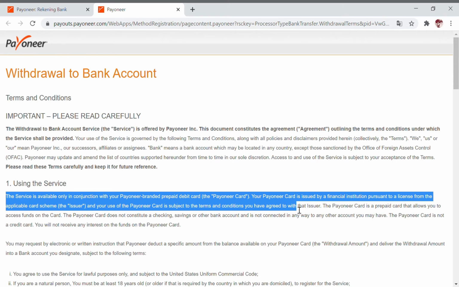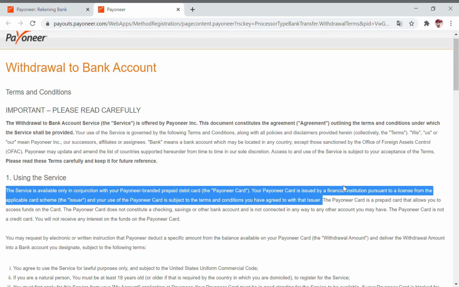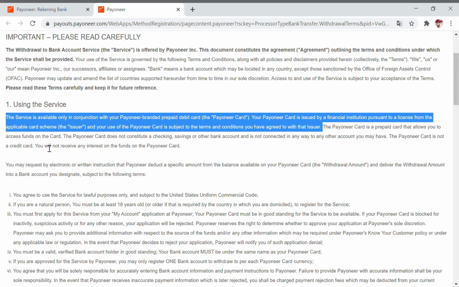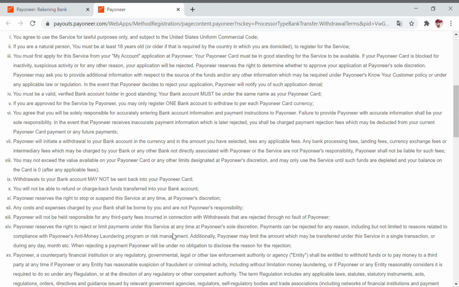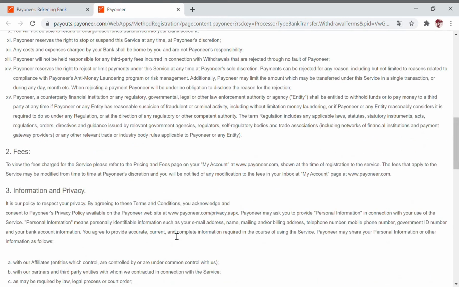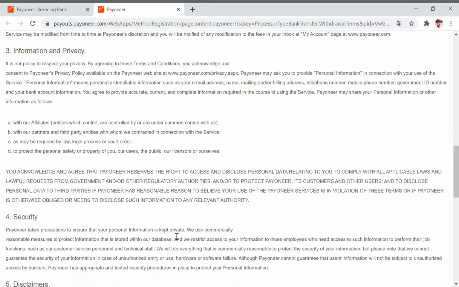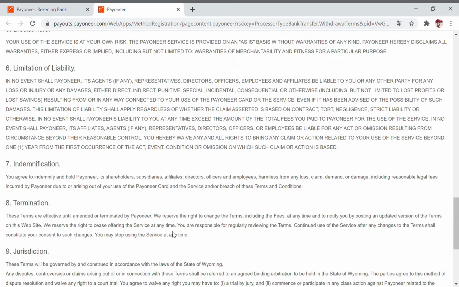And there's a minimum withdrawal amount, and at this point there are a lot of sources and a lot of confusion as to what the actual minimum amount to withdraw from Payoneer is. I've gone to Quora, I've gone to the support center at Payoneer, and nobody has an answer, because it says that it depends on each individual account.